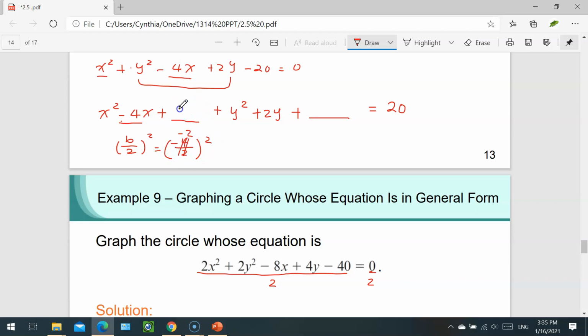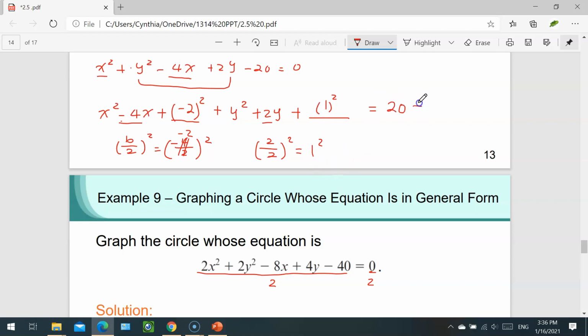So I'm going to fill in (-2) squared. Finding this term, I'm going to use the b, this number, divide by 2. So 2 over 2, everything squared. Because this is a positive number, I just write down the positive number. So you'll have 1 squared. So we put a 1 squared here.